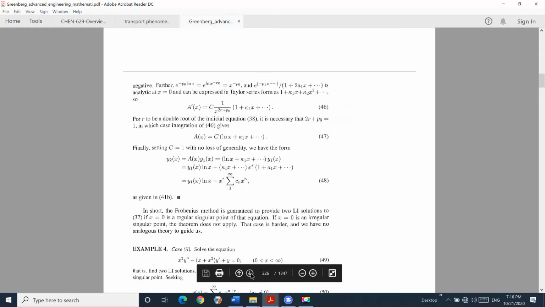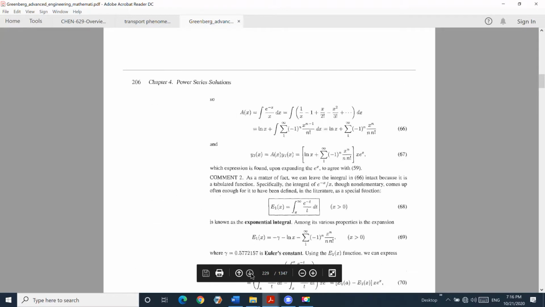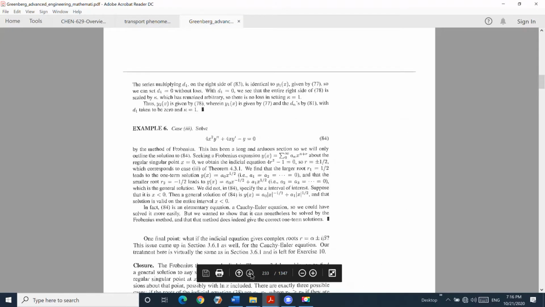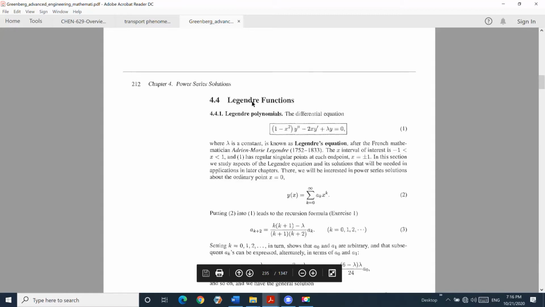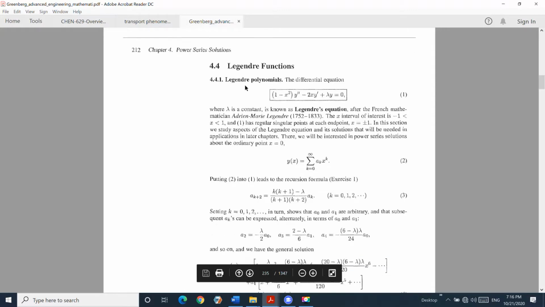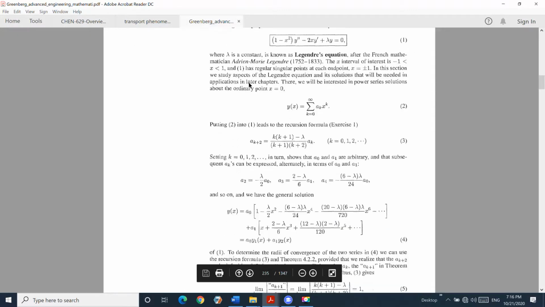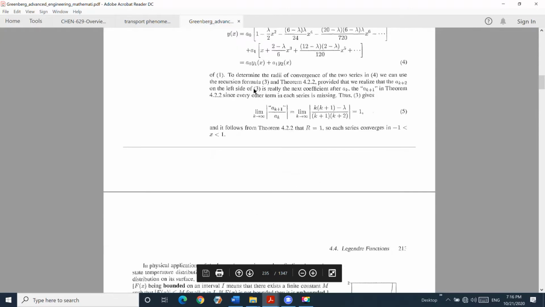And if we go to section 4.4, here are the Legendre function and the definition of Legendre polynomials, equations and solutions.